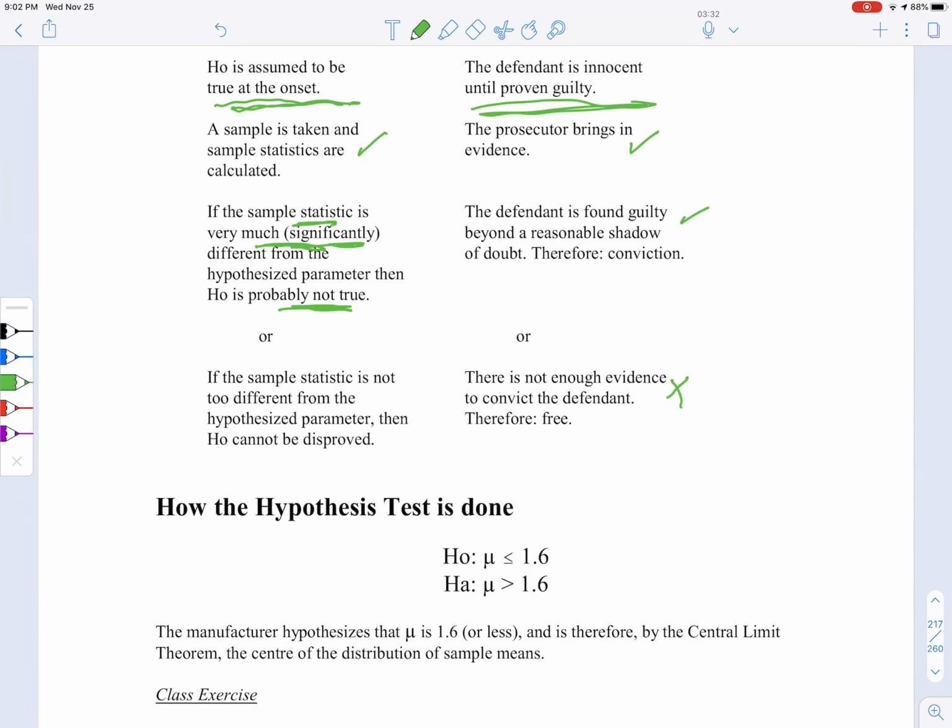So the other possibility here is that there's not enough evidence to convict the defendant, and therefore the person is free. It's important to note here that in a court case, the judge never says that the person is innocent. The judge says that the person is not guilty.